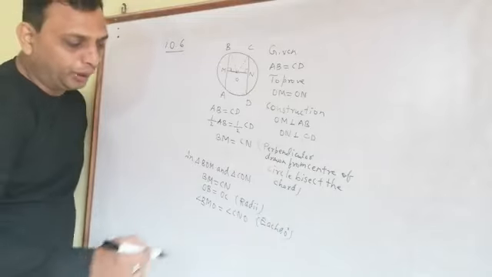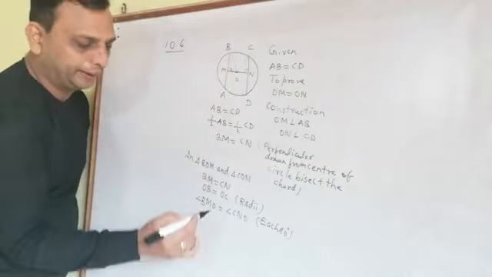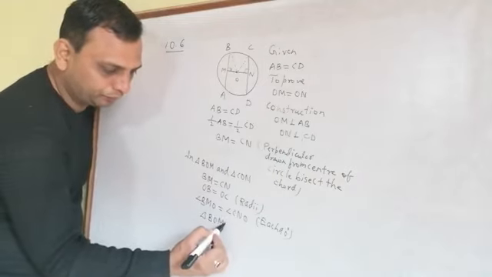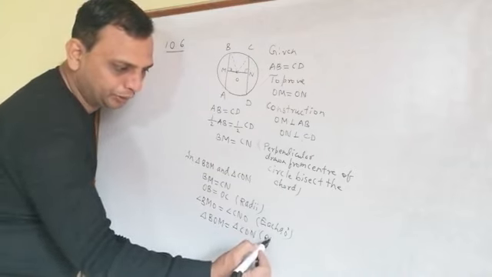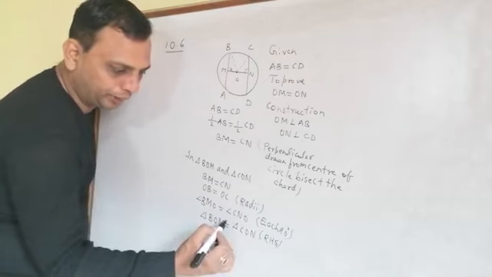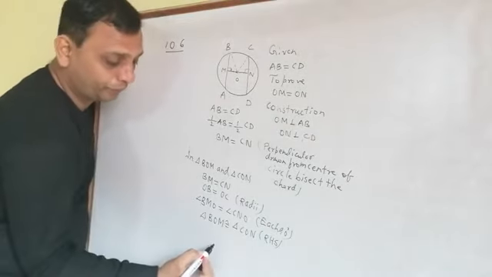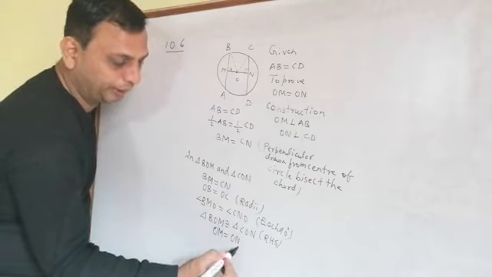Now these two are equal, and this is a right angle and this is the hypotenuse side. So by RHS, both triangles are congruent. So here OM will be equal to ON.